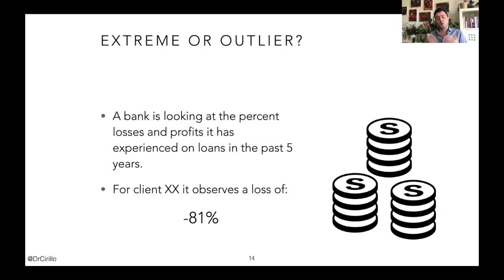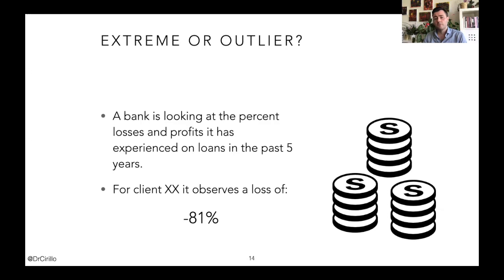For what concerns profits, on the contrary, we observe 81%, so a loss of minus 81%, a profit of 81%. Now, here the discussion if this is an extreme or an outlier can be quite interesting. For example, since we are speaking on losses and profits on loans that you as a bank have given to some of your clients, a profit of 81% in many countries will not be possible because it would be against the law for usury.